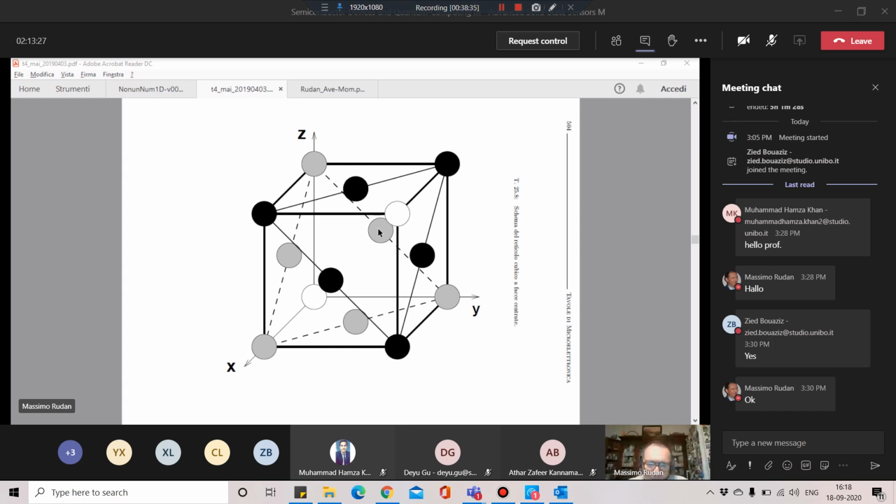Okay, this is not yet silicon, almost. So this is a typical form of the face-centered lattice. Silicon is a face-centered cubic lattice with additional atoms with respect to those that you can see in this figure, and they are shown in the next figure.